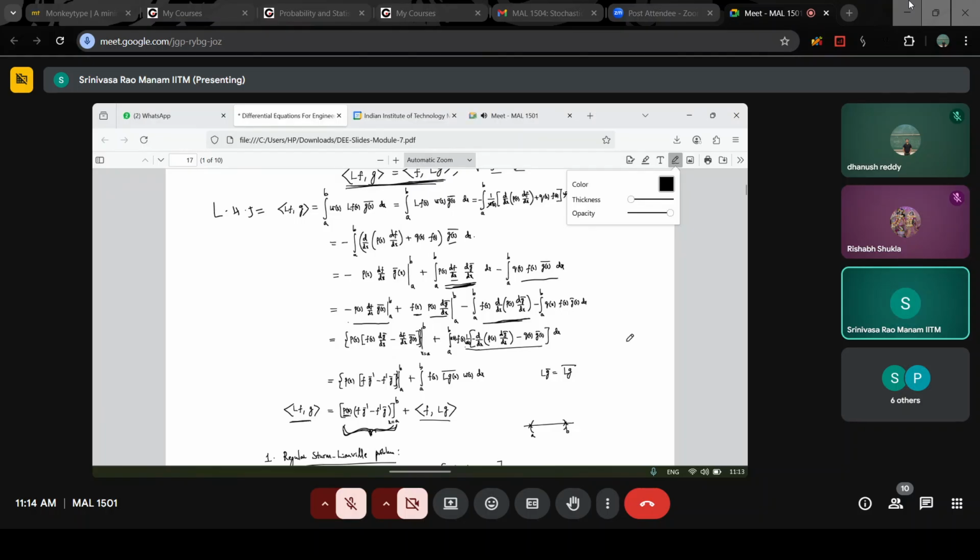Now you see the boundary terms, you put them together. Then you combine these two terms, where the derivative is taken here and on the g bar, and if you put them together, you see that is actually f dot product with Lg, both are the same.